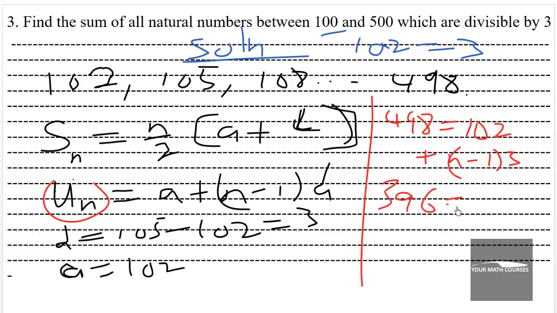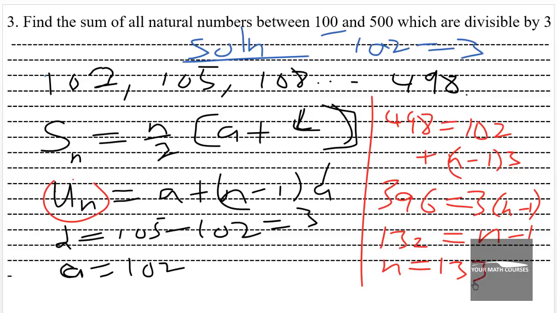So 396 will be equal to 3 into bracket n minus 1. Let's divide 396 by 3, and that will give us 132. So 132 is equal to n minus 1. So we get n equal to 132 plus 1, which is 133. So we have 133 terms in the progression.